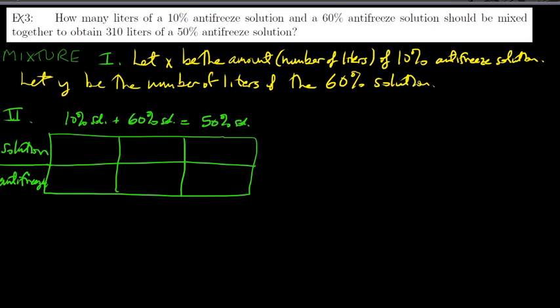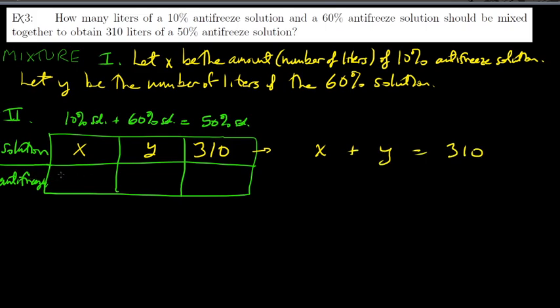Make sense? For the solution, we have x liters of the 10%, y liters of the 60%, and 310 liters of the mixture. So already we know x plus y has to be 310. But I'm getting ahead of myself.